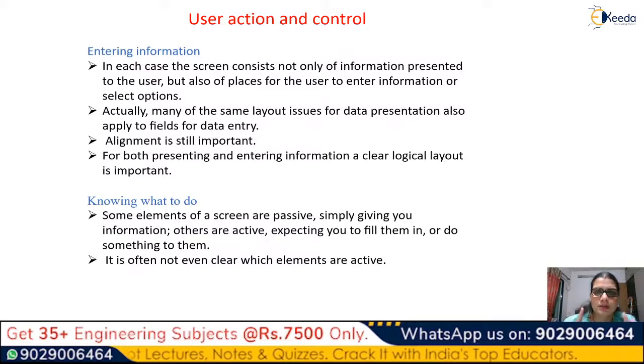So what I want to say is that my alignment, my controls, the user information should not be vague. It should be produced in such a way that even a new user can manage a newly interactive system.